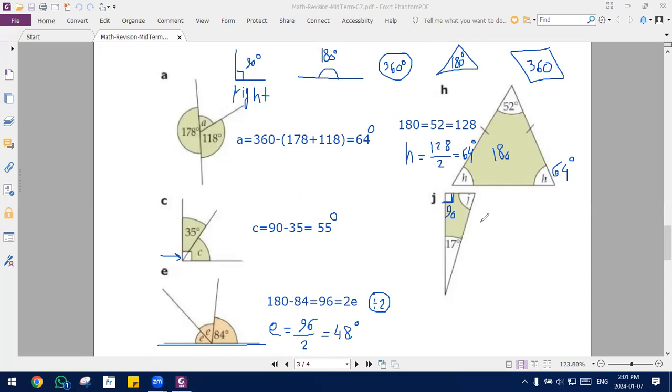So it's so simple, we do J is equal to 180 because it's a triangle, minus 90 minus 17, which is equal to, so 90, 80, 73. 73 degrees. So we need to make sure that we memorize the upper part: the right angle, straight, circle, triangle, and quadrilateral.